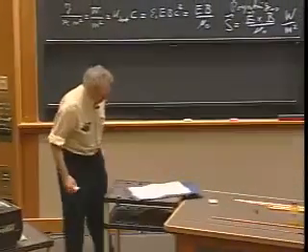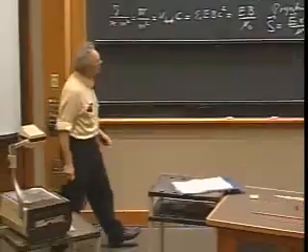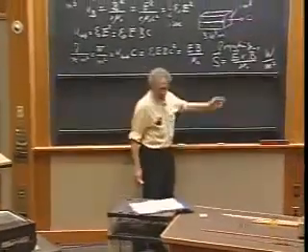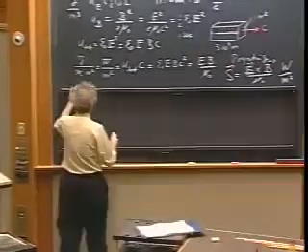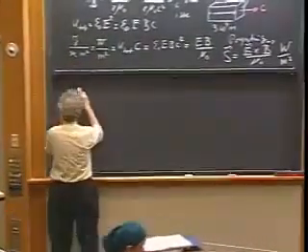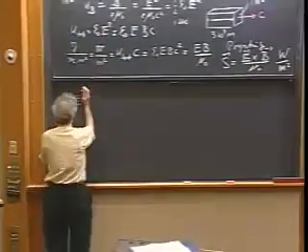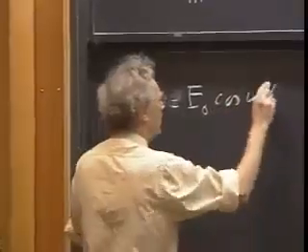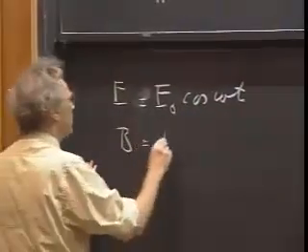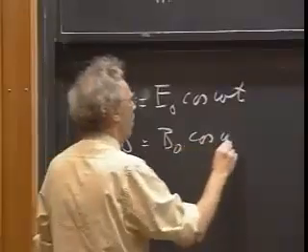Now both E and B are time variable. And so the Poynting vector will obviously also be time variable. E is going to be proportional, you can write down, E is some E0 times cosine omega t, and B is some B0 times cosine omega t.